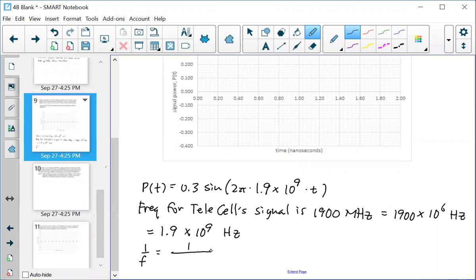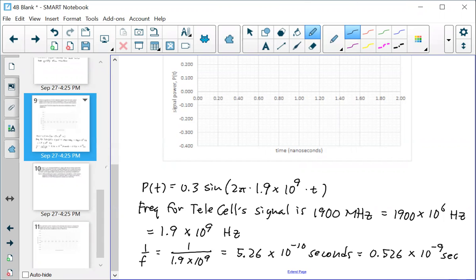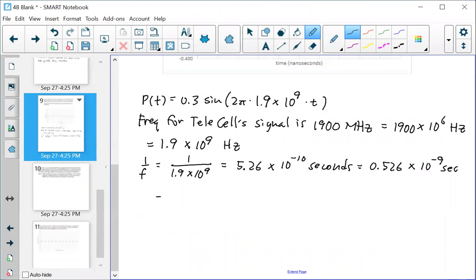So we get 1 over 1.9 times 10 to the 9, and that's about 5.26 times 10 to the negative 10 seconds, which we could write as 0.526 times 10 to the negative 9 seconds, which is about 0.53 nanoseconds.